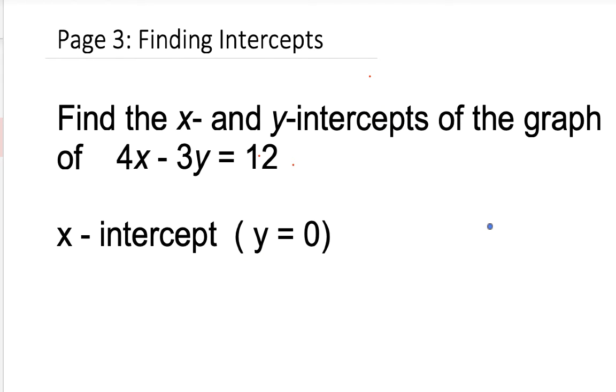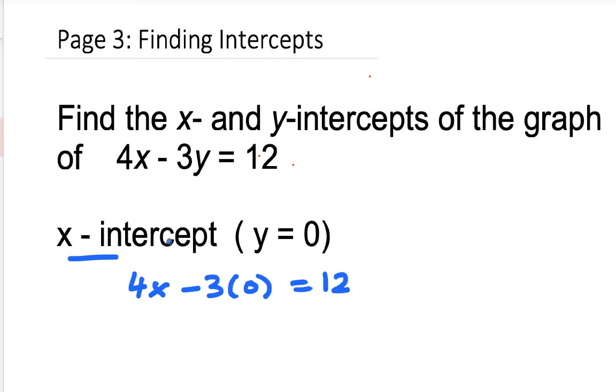So the example we are taking here is an equation given by 4x minus 3y equals 12, and we'd like to find the x and the y intercepts of the graph of this equation. Now to find the x-intercept, we will put y to be 0. So we will have 4x, and in place of y we're going to put the 0, equals 12.